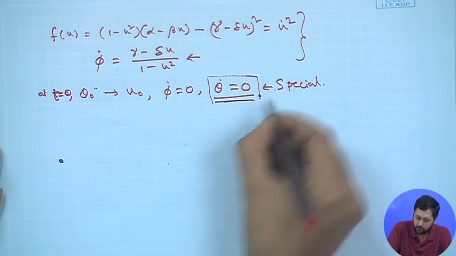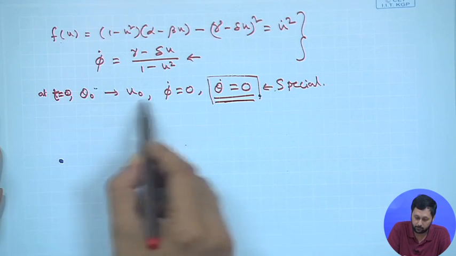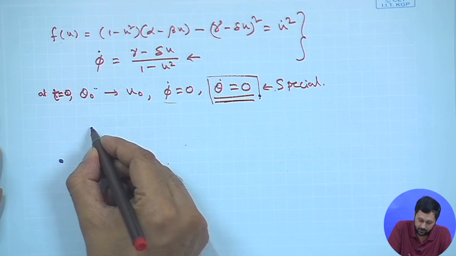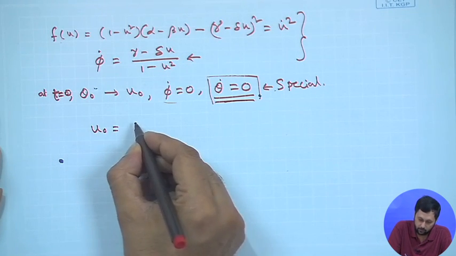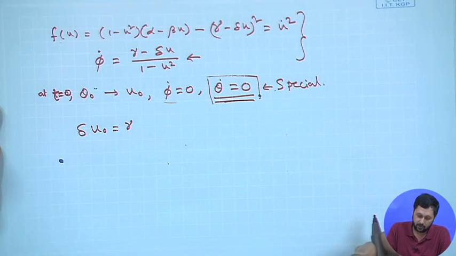So, in general we are just considering at t equal to 0, theta equal to theta 0, which corresponds to u 0 and phi dot equal to 0. Substituting in here, we get delta u 0 is equal to gamma, right.